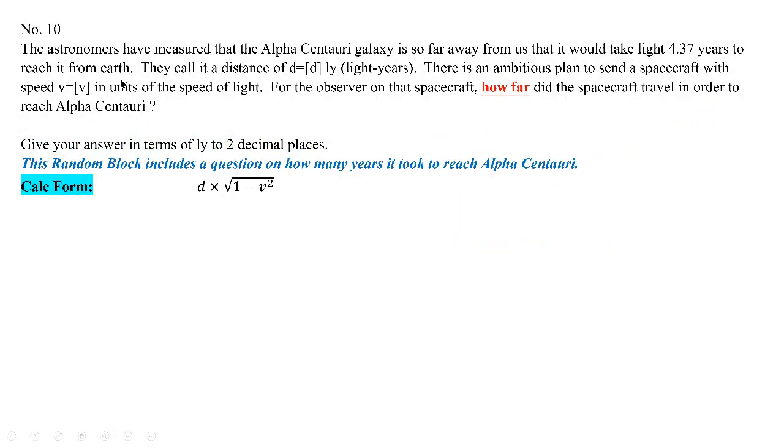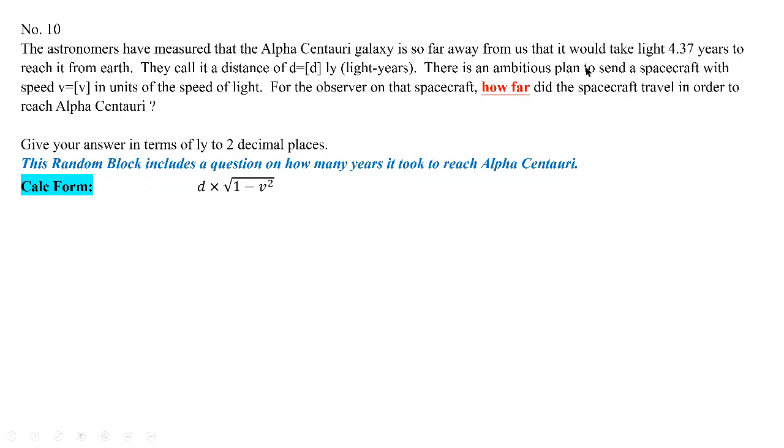All right, so now we are going to go with a problem that was actually already in the lecture notes. The astronomers have measured that Alpha Centauri is so far away that it would take light 4.37 years to reach it from Earth. But they want to call it light years.